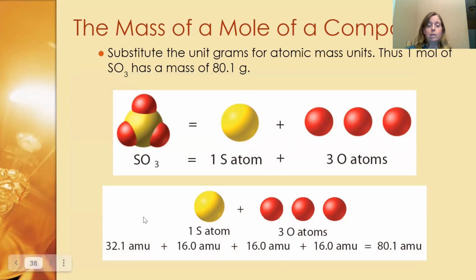In essence, we're going to take the atomic mass of sulfur plus 3 oxygen atoms to equal a total mass of 80.1 AMU or grams. So 1 mole of sulfur trioxide is going to equal 80.1 grams of sulfur trioxide. When we're trying to calculate the molar mass, we're going to add up all of the atoms of each individual element together.